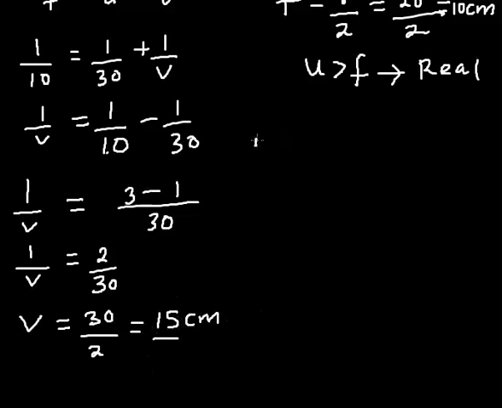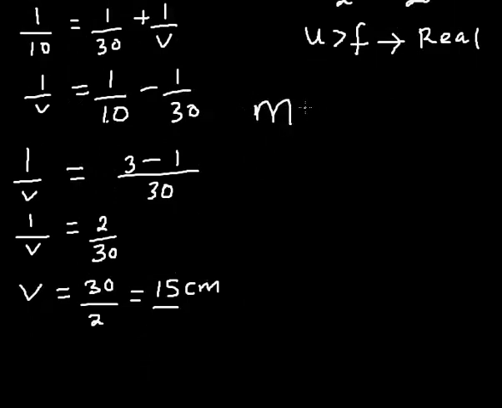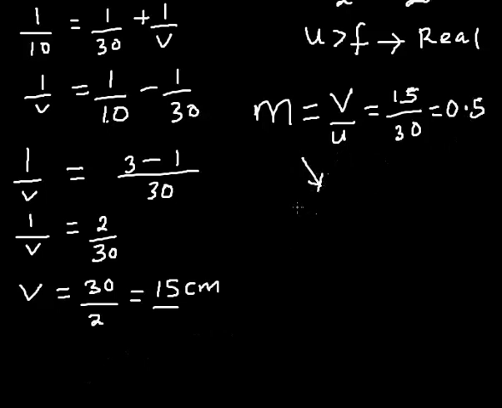The magnification is v over u, the image distance, 15, divided by the object distance, 30. So the magnification is 0.5. Once magnification is less than 1, it simply means that the image is diminished.